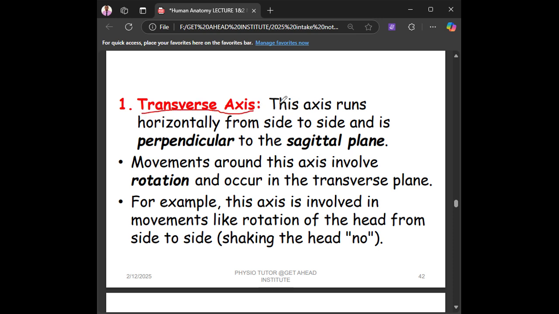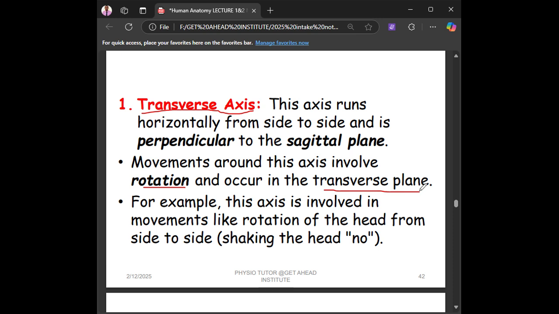In the transverse axis, you'll find that this axis runs horizontally from side to side and is perpendicular to the sagittal plane. It is very important for you to note that the movements around this axis involve rotation and they occur in the transverse plane.